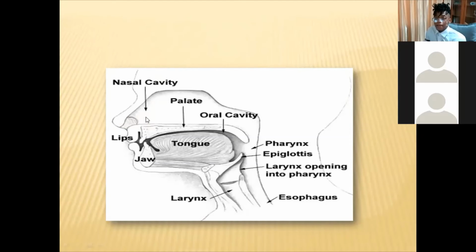The nasal cavity is also considered to be part of the oral tract, because some sounds are produced right here, such as the M and the N, for instance. Pharynx, some sounds are produced right here, larynx, and so on.